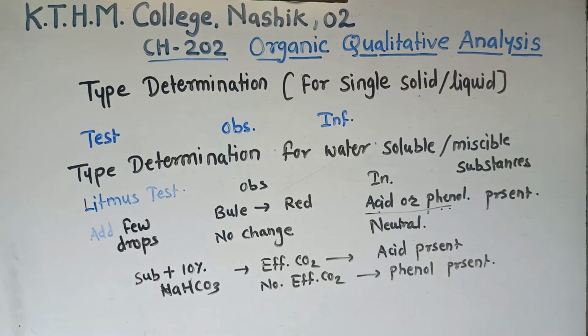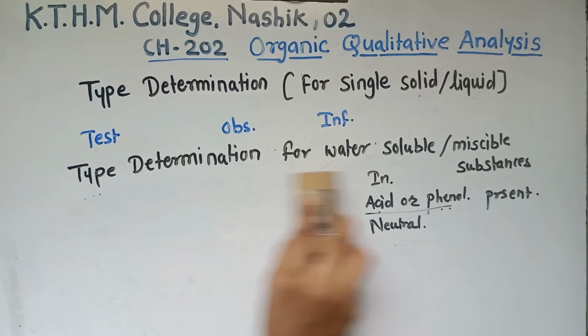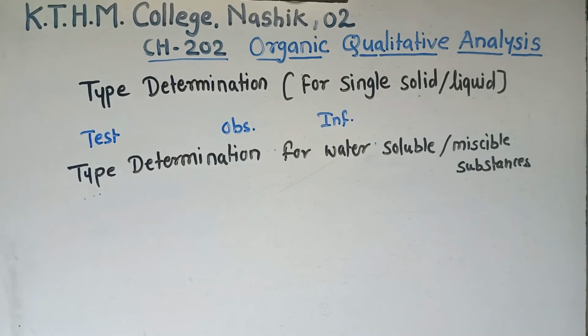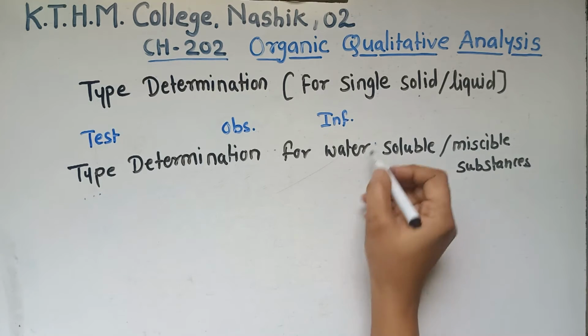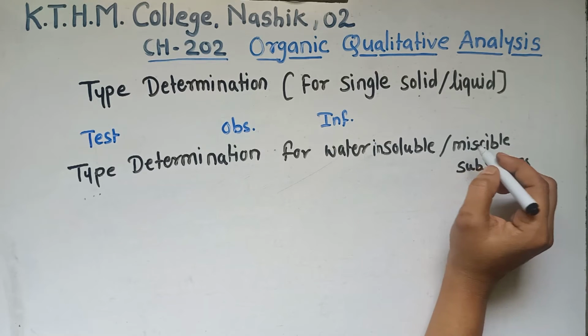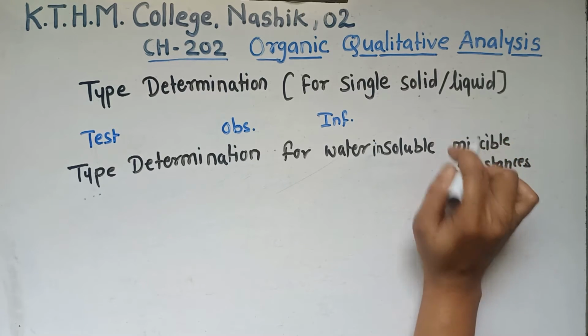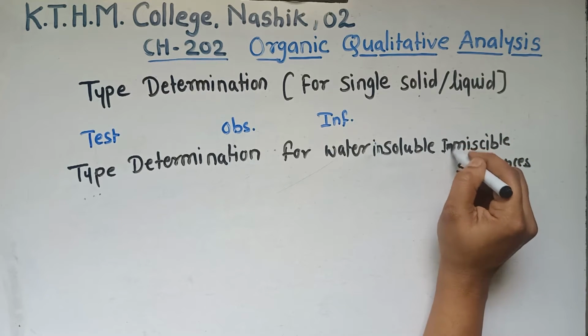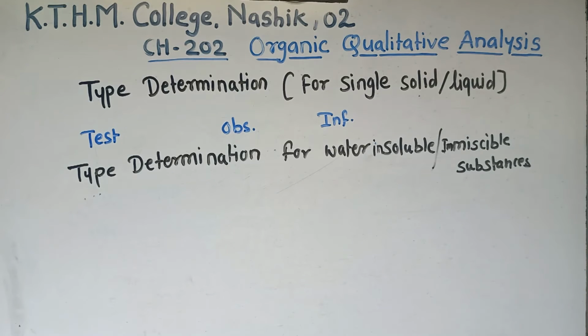Okay, it is clear. Then the next point is type determination for water insoluble substances. What is our next point? That is water insoluble and immiscible substances.